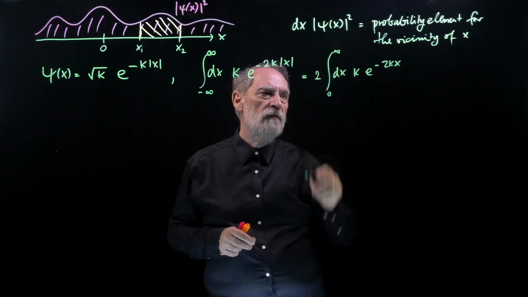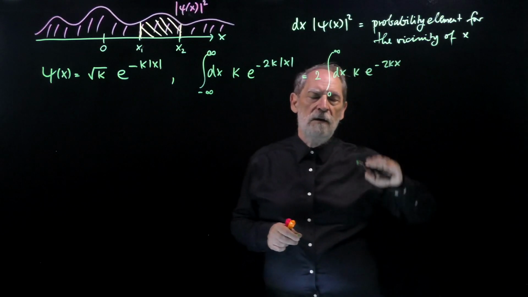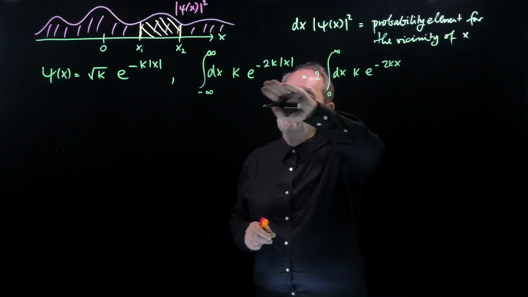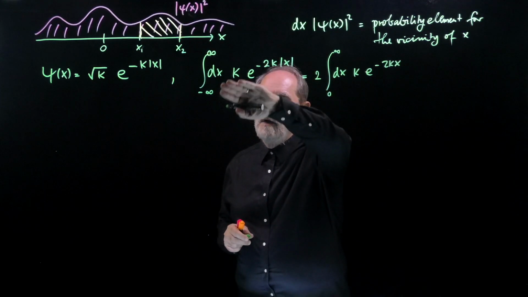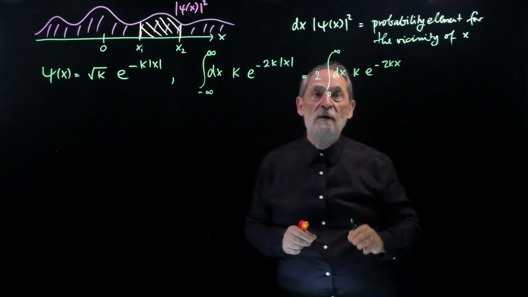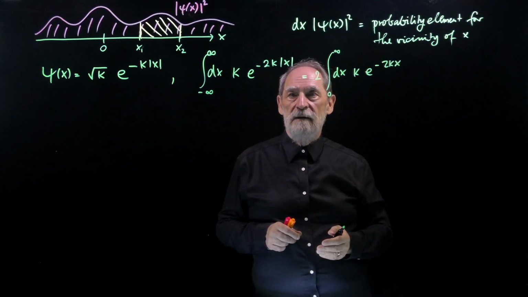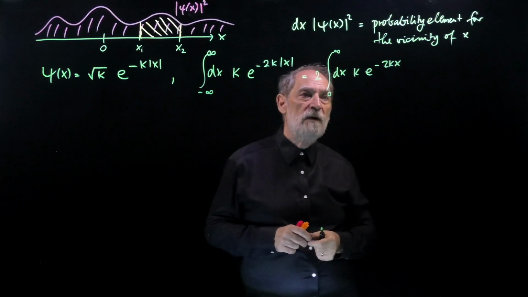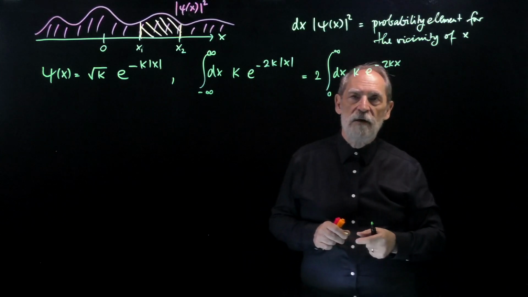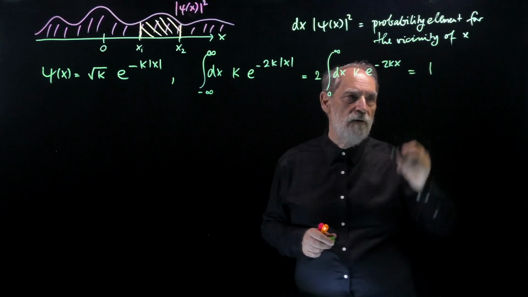So there's a factor of 2 for the overall value, which is basically saying that the contribution we get from positive x's and the contribution that we get from negative x's is the same. So I just calculate the contribution for the positive x's and then multiply this by 2 to account for the negative x's. But this is an elementary integral, and we see that the value is 1.